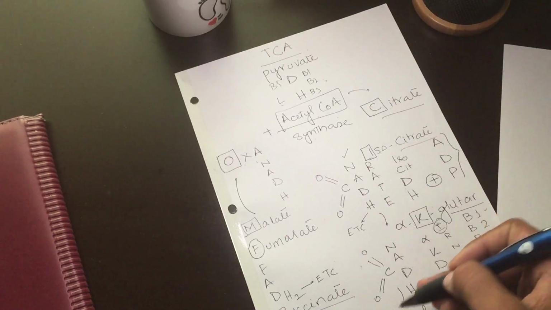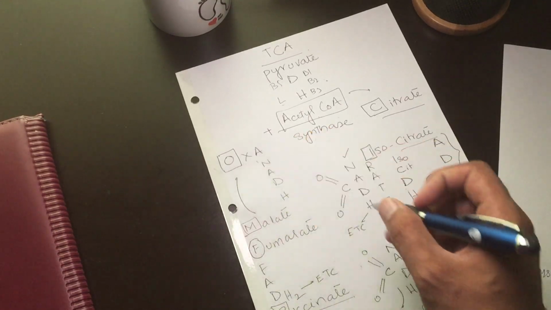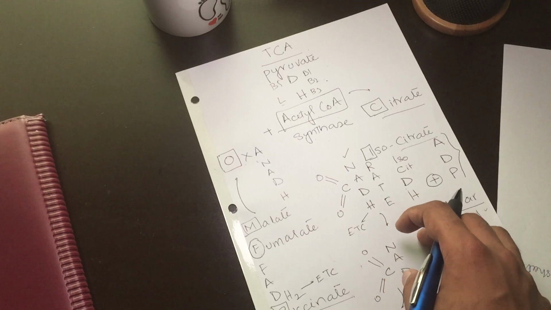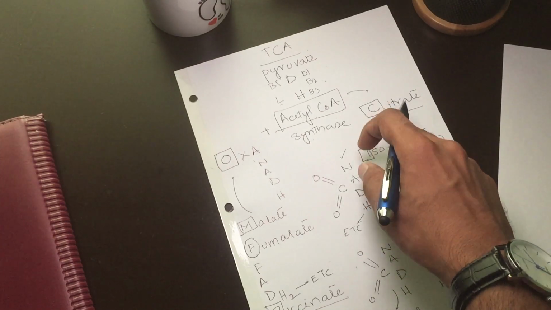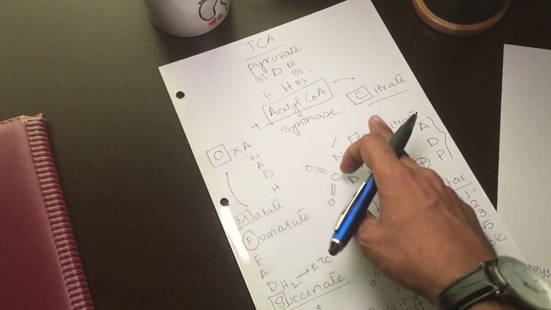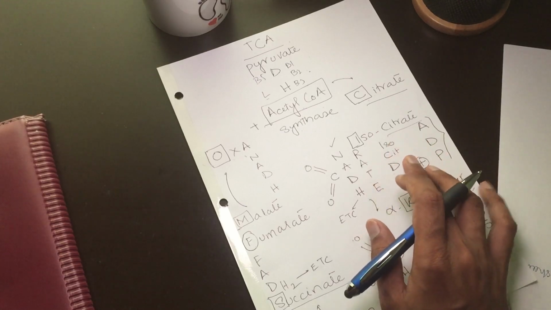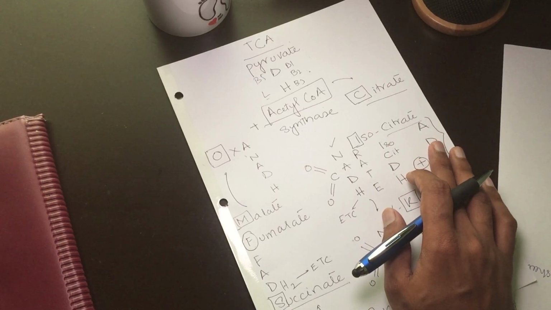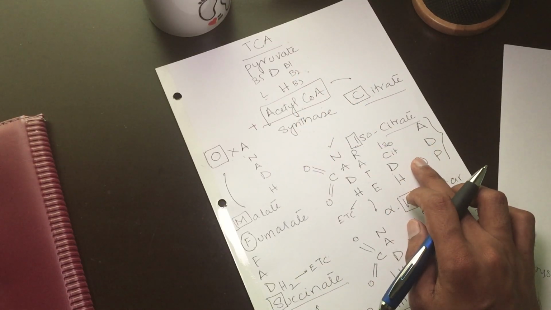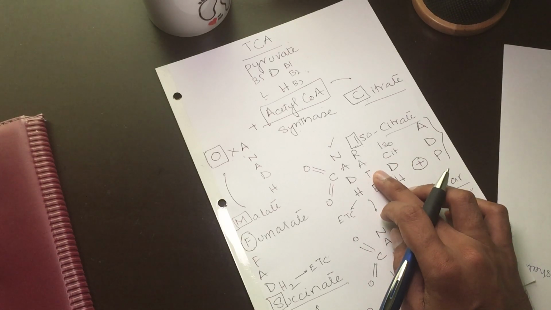Then we have the mnemonic: citrate, isocitrate, alpha ketoglutarate, succinyl CoA, succinate, fumarate, malate and oxaloacetate. Citrate is the Krebs cycle starting substrate for making oxaloacetate. These are the mnemonics I have highlighted here. The TCA cycle is also known as the Krebs cycle.